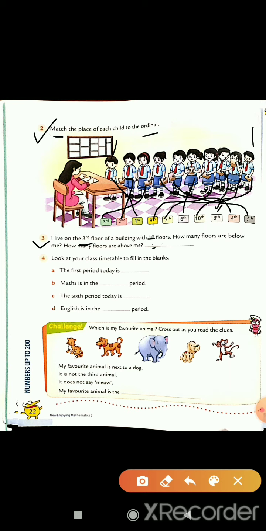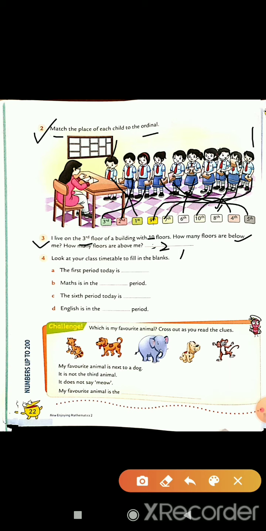So below and above, you are on the 3rd floor. Below means 2 floors will be there, first, second and then third, right? So below the third, 2 floors will be there. So how many floors are below me? 2 floors. And how many floors are above me?